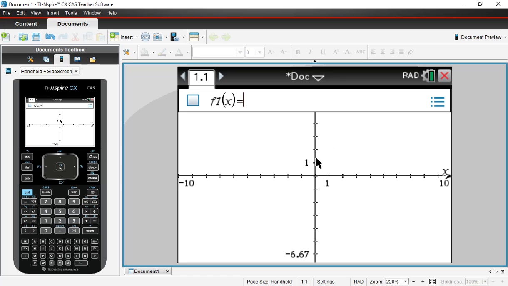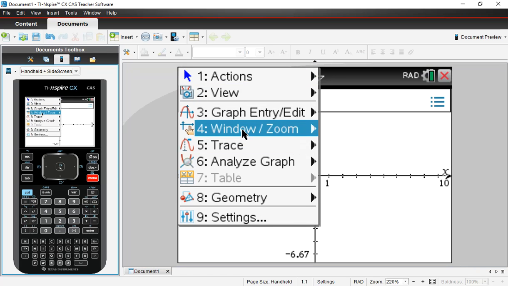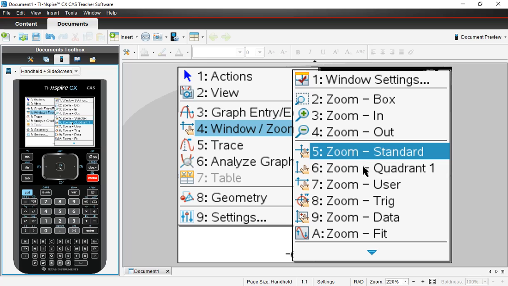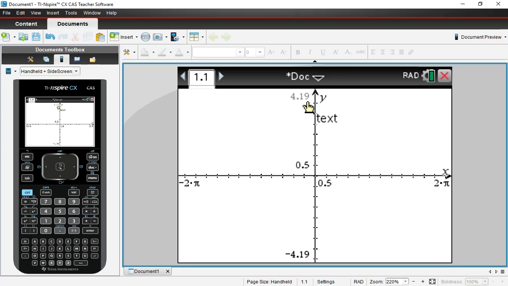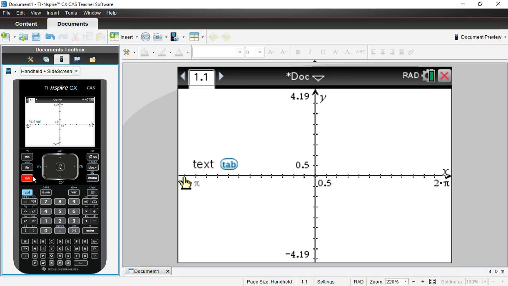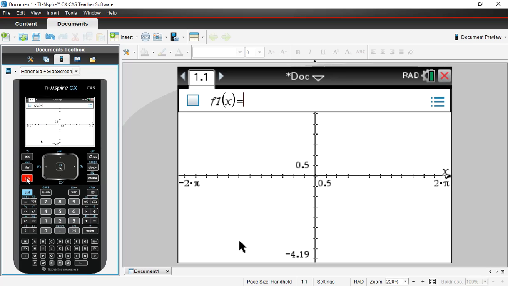Alright, we are a little limited here. I think I can go to a Trig window. There, zoom Trig. So, let me show you what, according to this graphing utility, alright, come on. There it went.